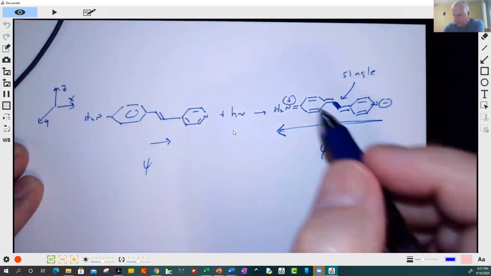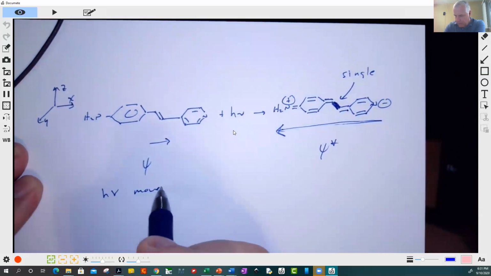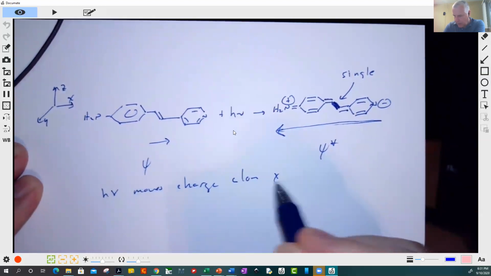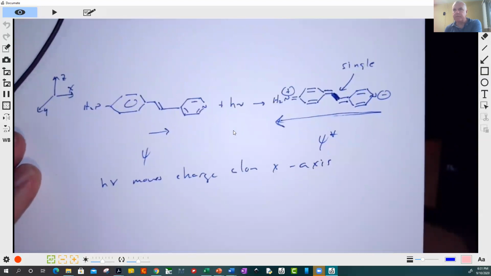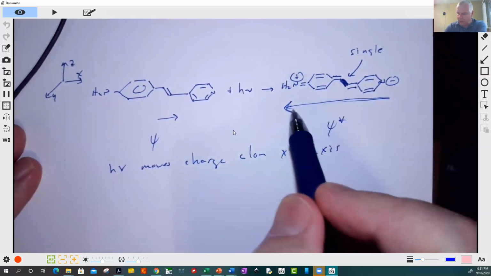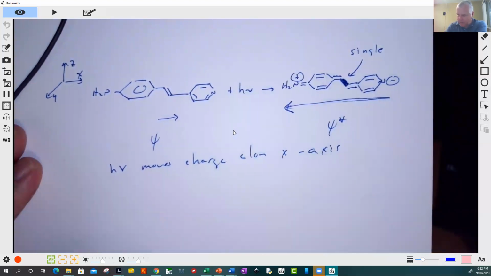This would be h nu moves charge along the x-axis, right? And so you can imagine then that the polarization of the photon that excites this transition matters, right?